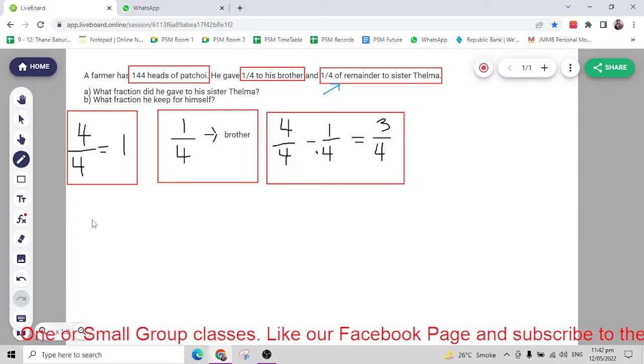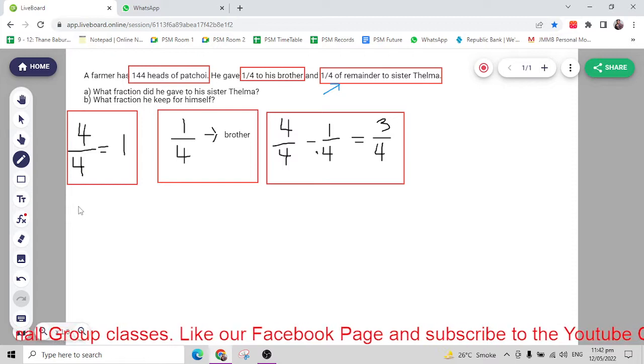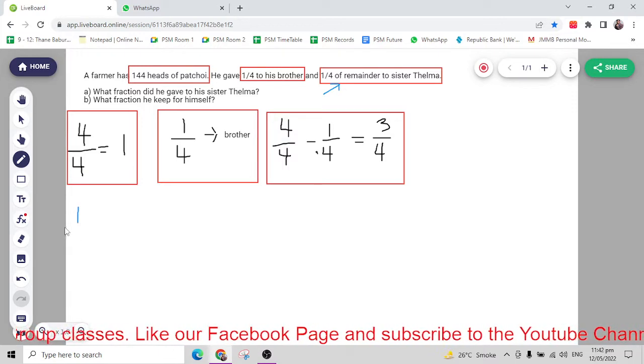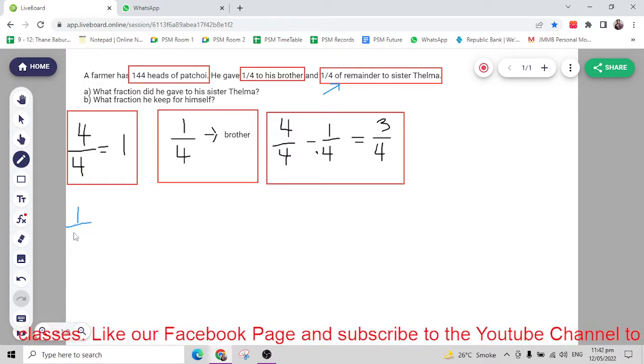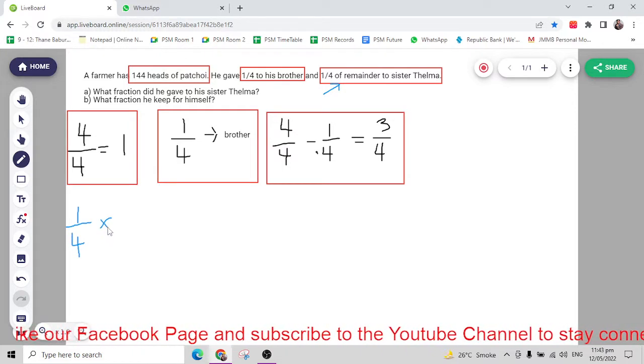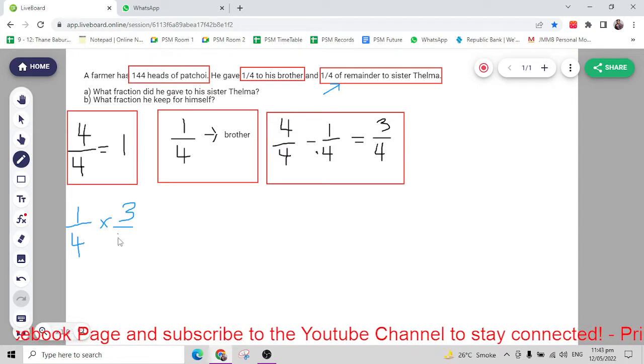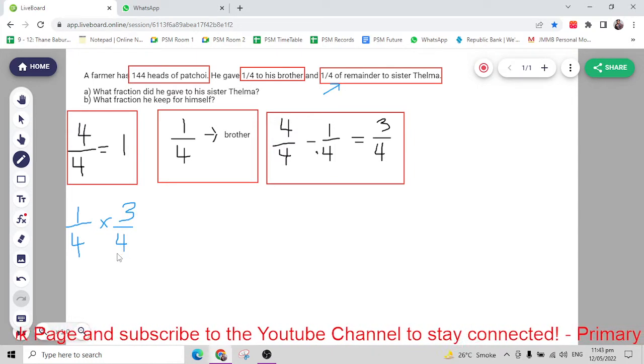And now the farmer is taking, let's continue in blue, the farmer is now taking 1/4 of what remains, 3/4, to Sister Thelma. I'll say that again.